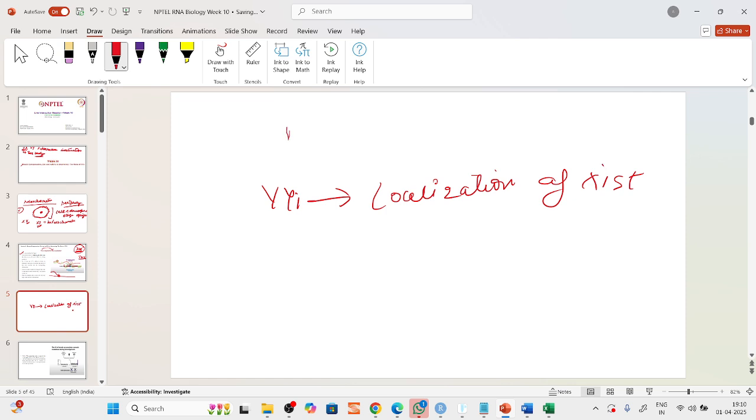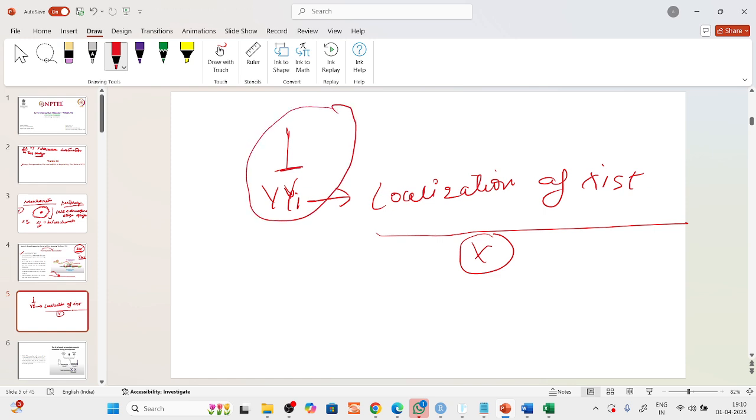If YY1 is blocked, will this localization happen? No, this localization will get inhibited. Why? Because the protein which is responsible for its localization is blocked or inhibited.